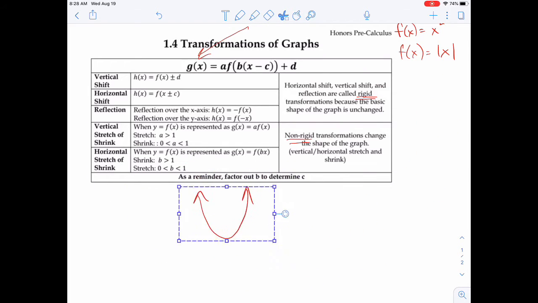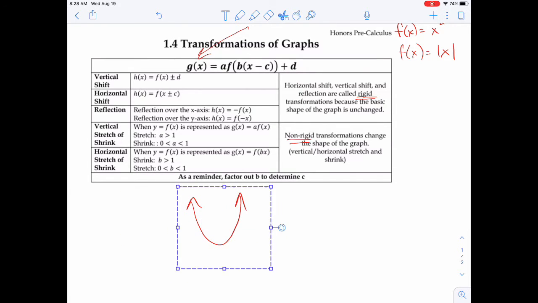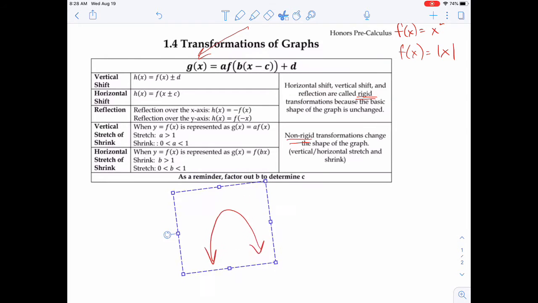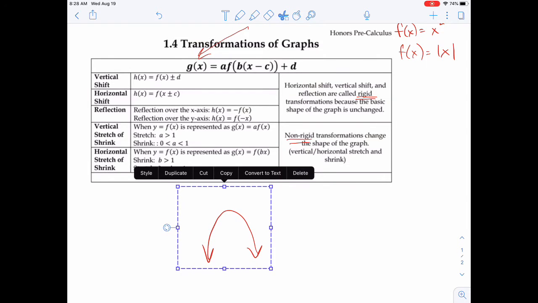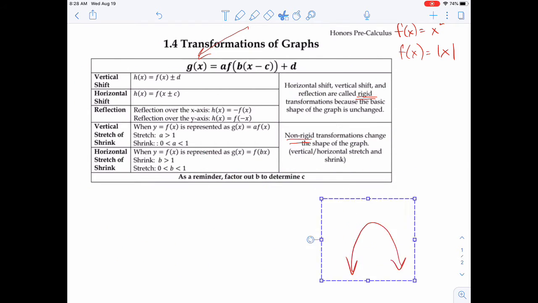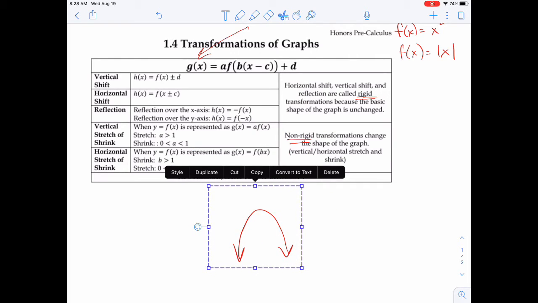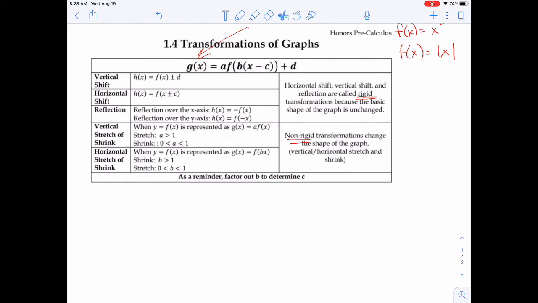Notice how this parabola, lovely little thing here, and I could reflect it. Notice that its shape didn't change. So all of these, and then I'm shifting it anywhere and everywhere I want, up, down, left, right, whatever. All of those would be rigid transformations. So a non-rigid transformation would be where the shape changes in some capacity. So it's been stretched one way or the other.